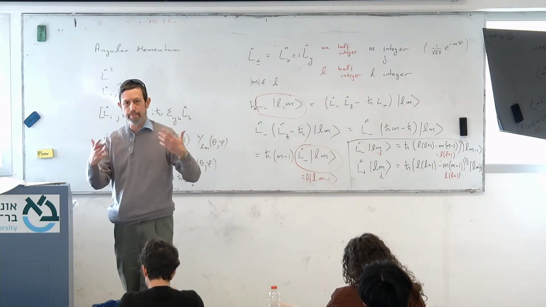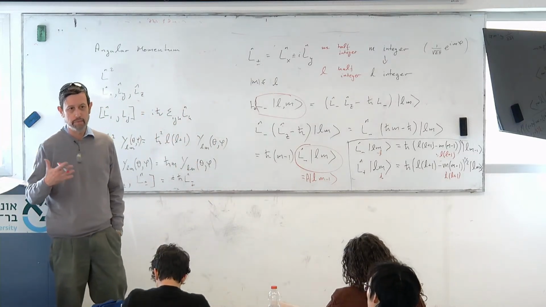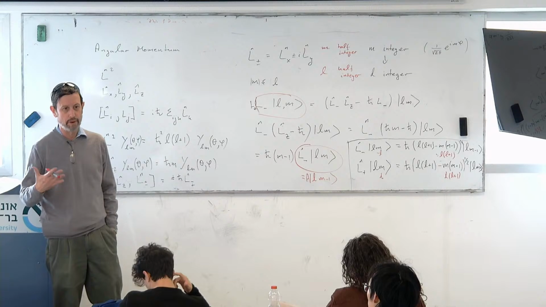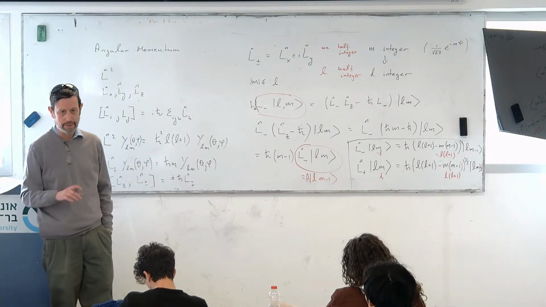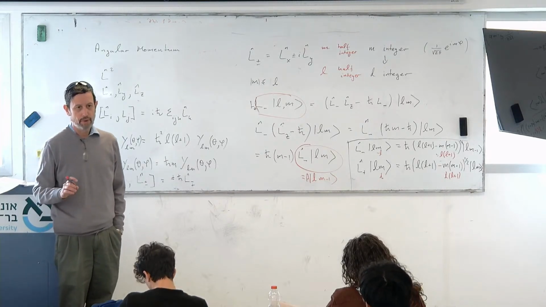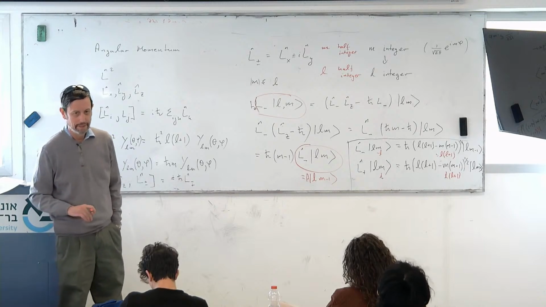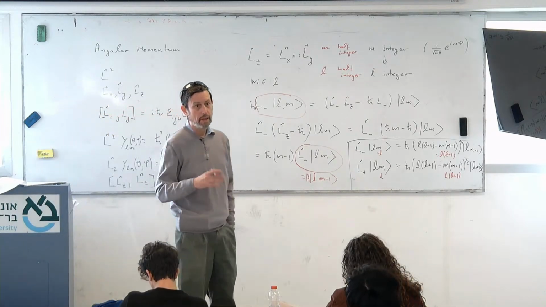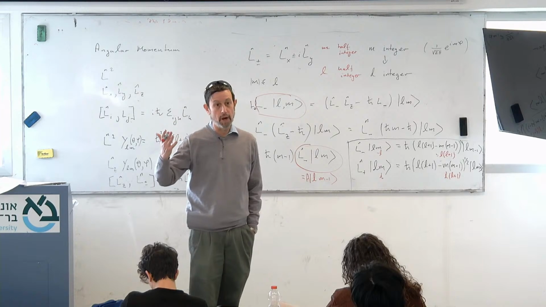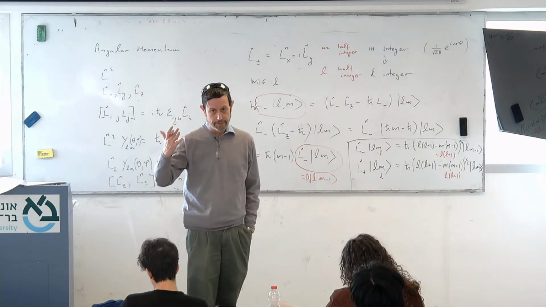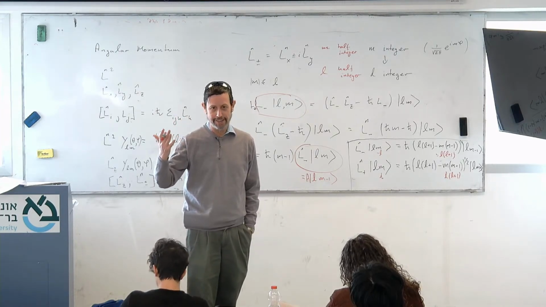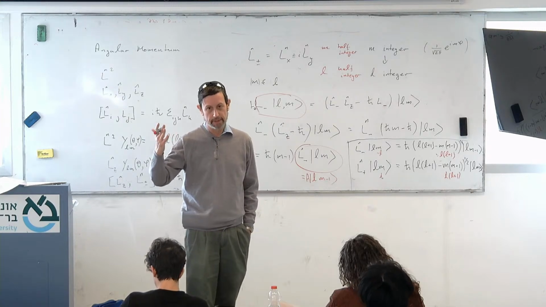But in any particle experiment that we're aware of, you have only half-integer or integer spins. Even quarks, which have a third of a charge, still have spin one half.